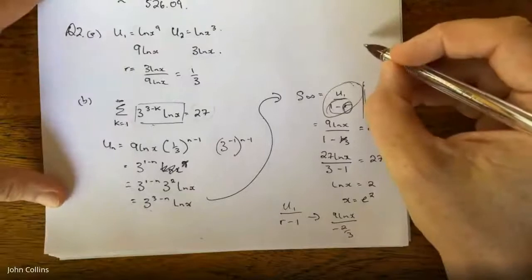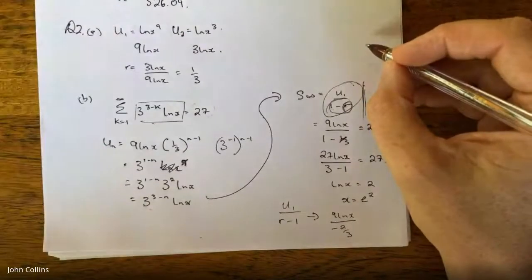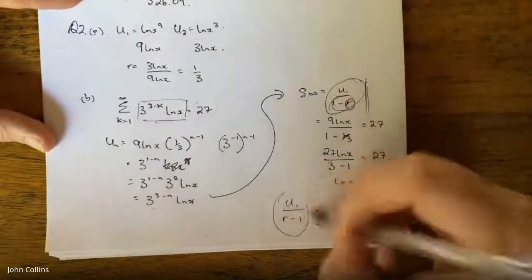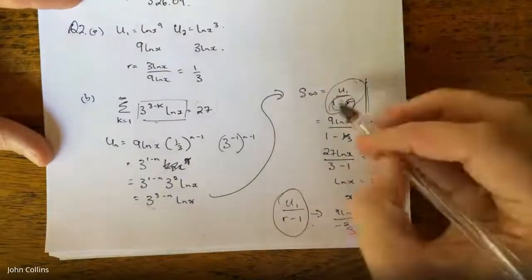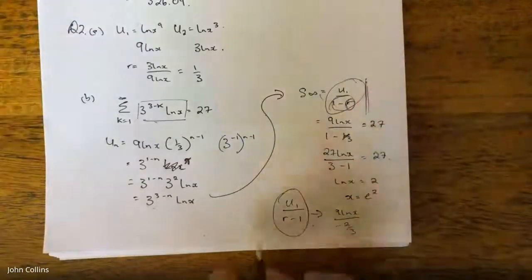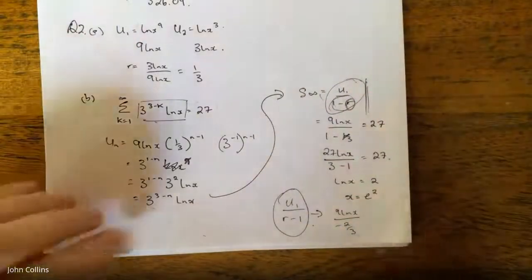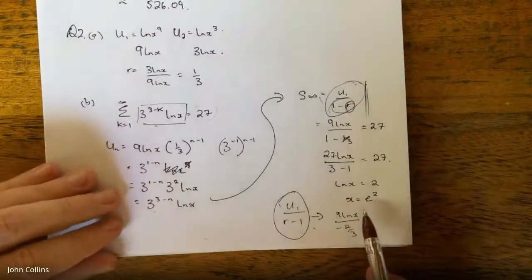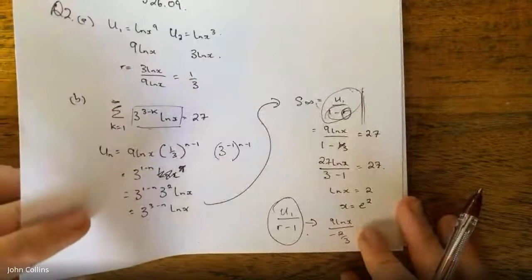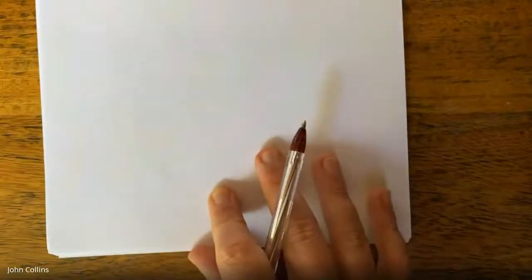I'm not sure. Let me look into that. I can't remember exactly why, because that would be a different answer, but I think it would be the wrong answer. I'll check that out. Let's move on anyway, and I'll get back to you on that one.